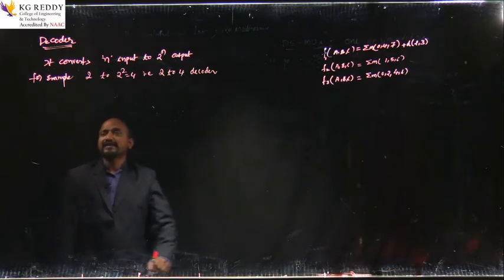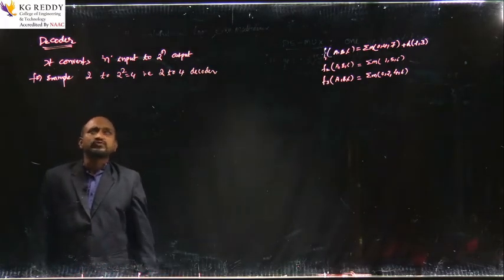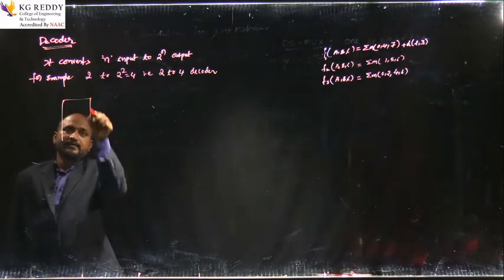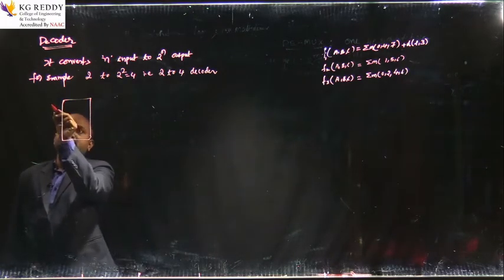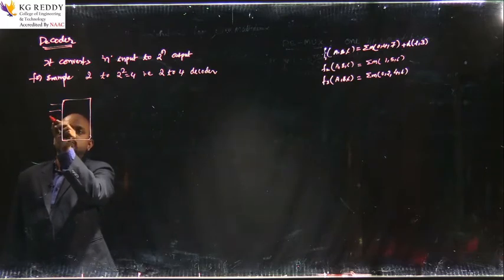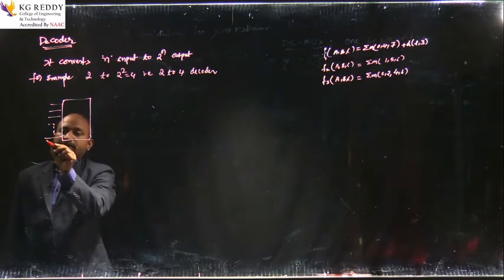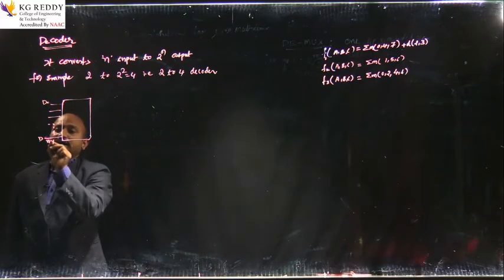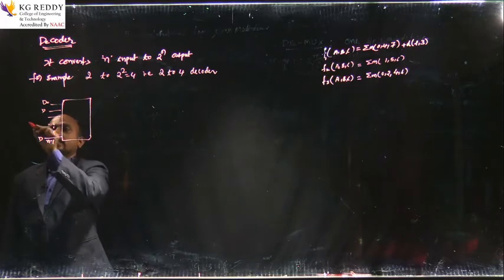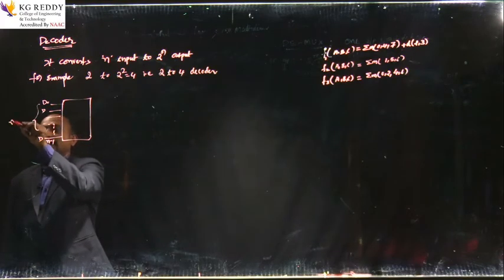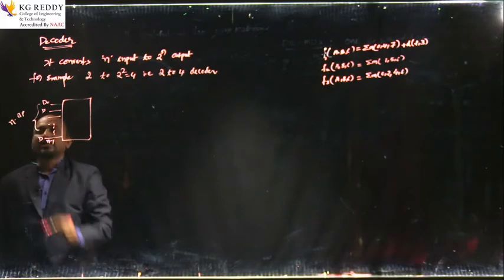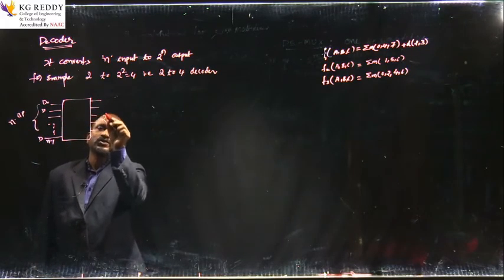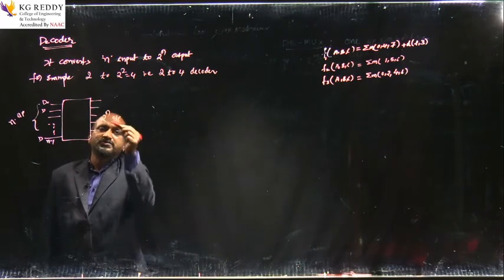Let us see the block diagram for the decoder. It has n number of inputs, D0 to Dn minus 1, and the outputs are 2 power n number of outputs.